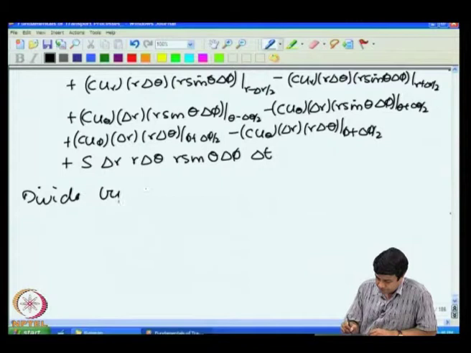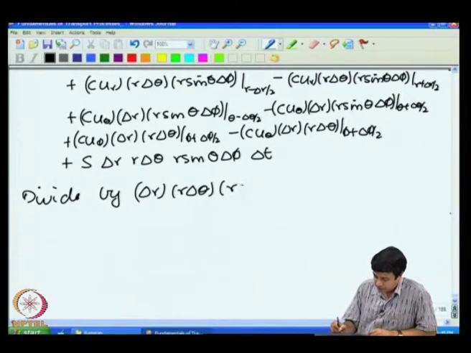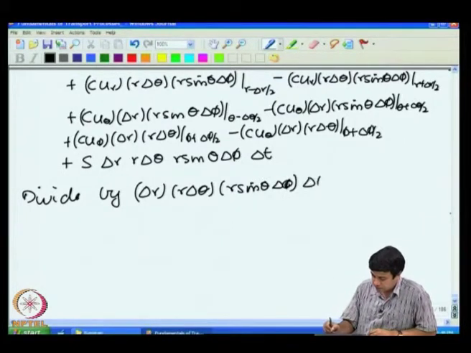Divide by delta r delta theta into r sin theta delta phi into delta t.